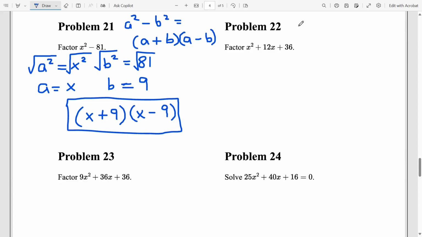All right, next one, we're going to factor x squared plus 12x plus 36. Now I recognize the pattern, but the pattern is this is what we call a perfect square trinomial. So it's a squared plus 2ab plus b squared is the form.